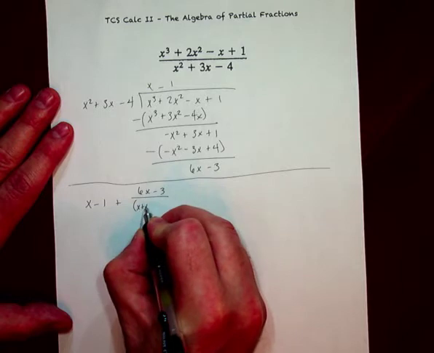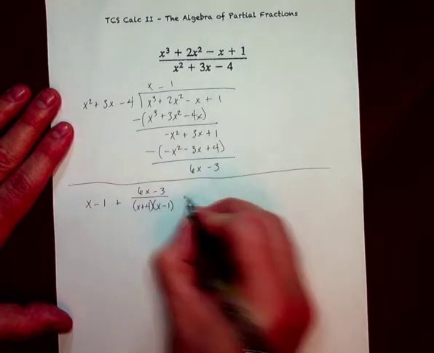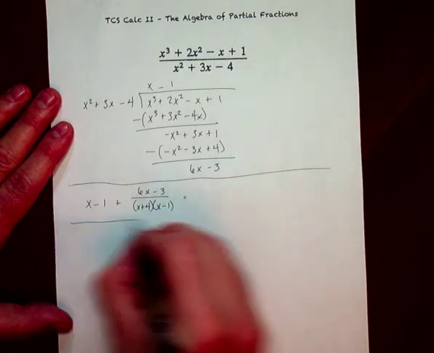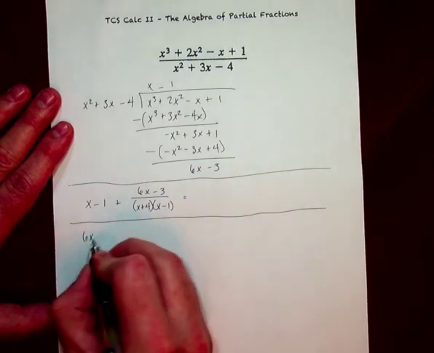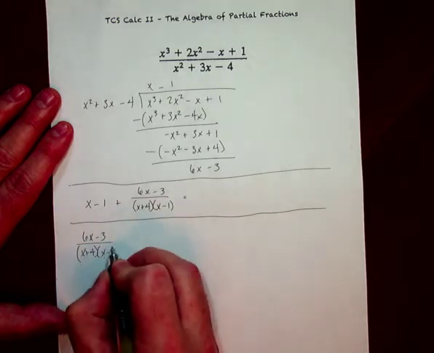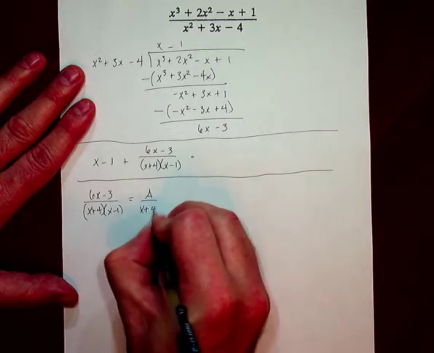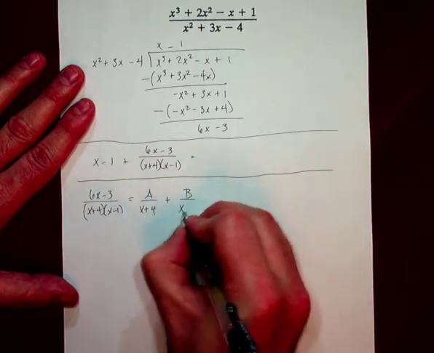That's x plus 4 and x minus 1. So basically from here we need to just concentrate on the remainder expression. We have A over x plus 4 plus B over x minus 1.